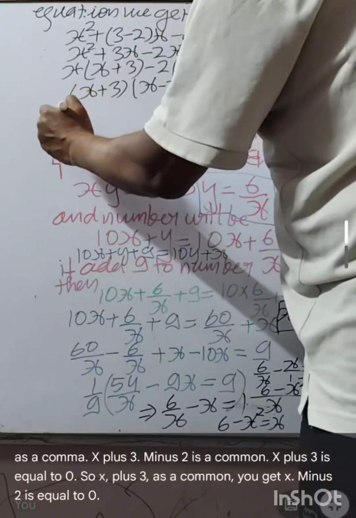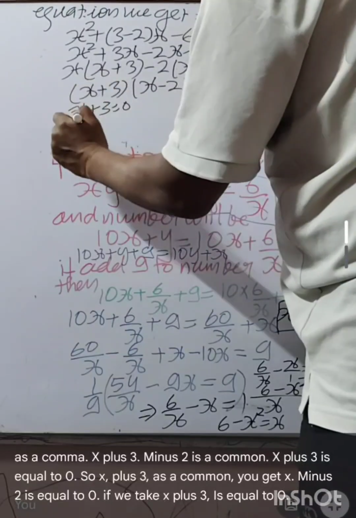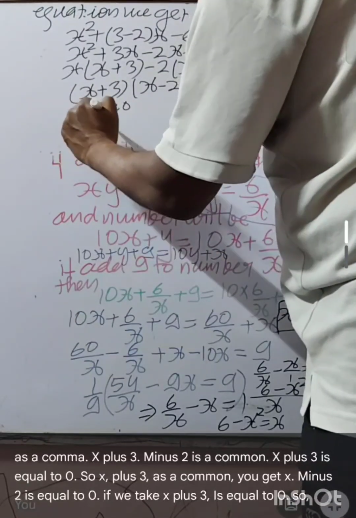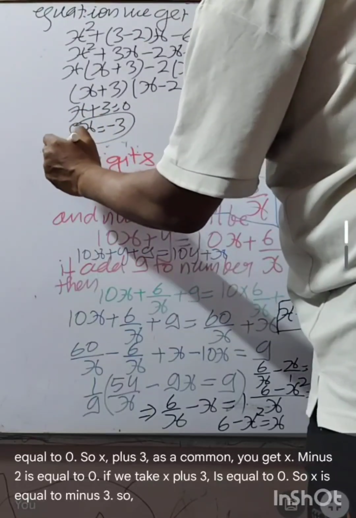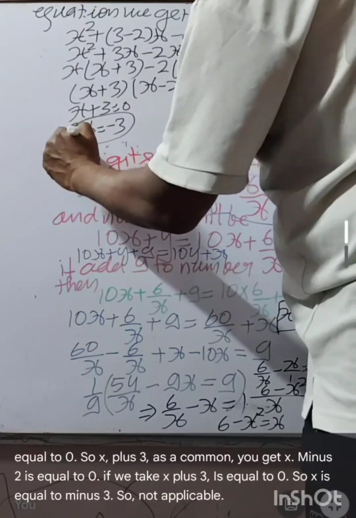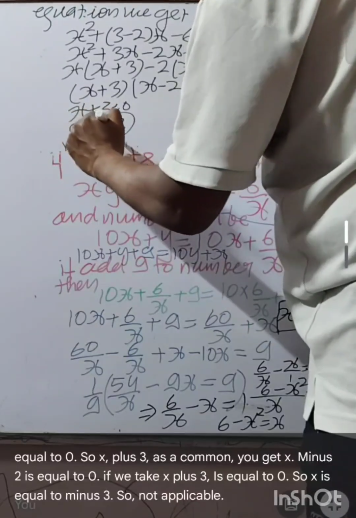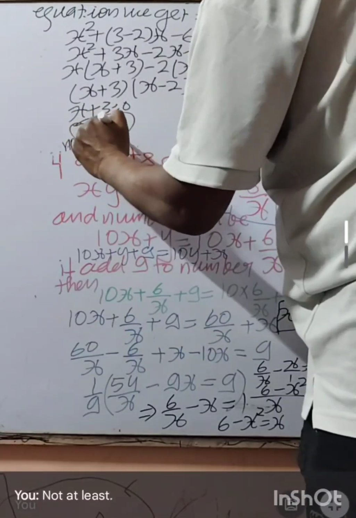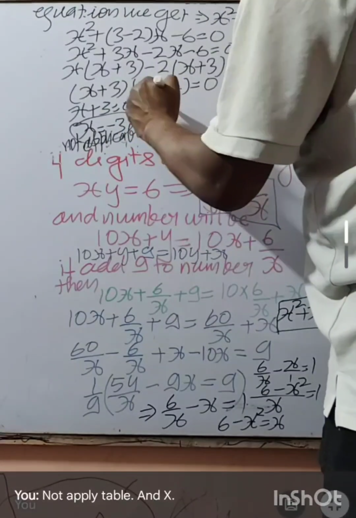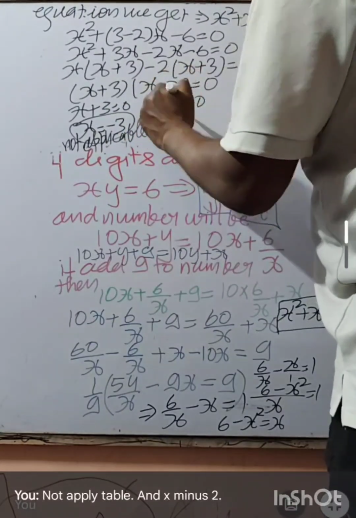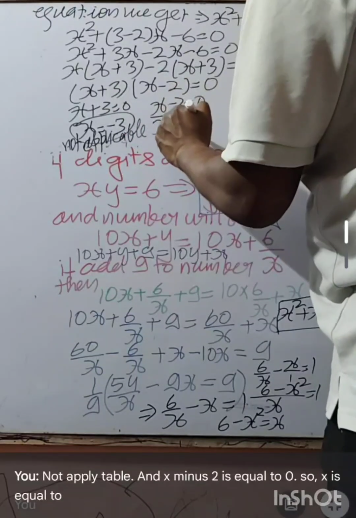If x plus 3 is equal to 0, then x is equal to minus 3, so not applicable. And x minus 2 is equal to 0, so x is equal to 2.